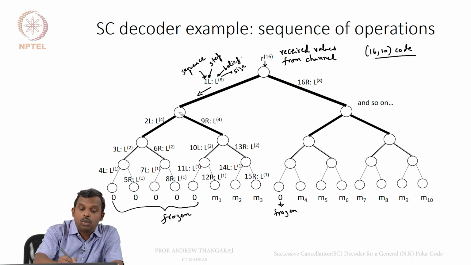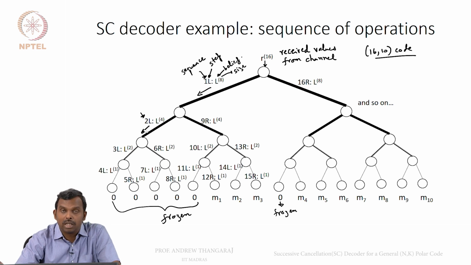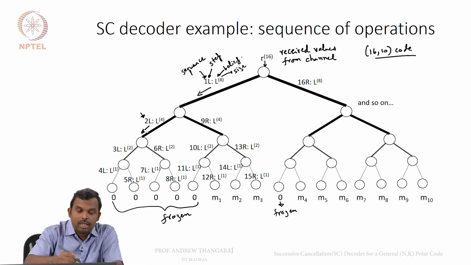And what does the left child do? It gets activated now and it will do this step. This is the second step that gets done. It will send to its left child, it will do the L step again. The second operation that happens is L, but it will send only 4 beliefs. It got 8 beliefs, it will send 4 beliefs. And then this child gets activated now.